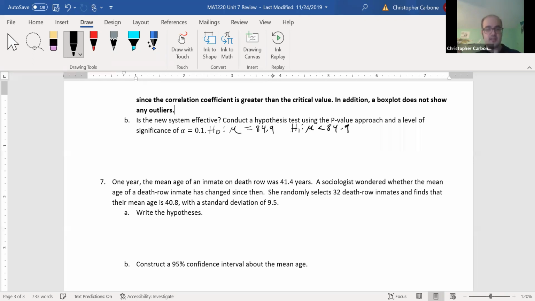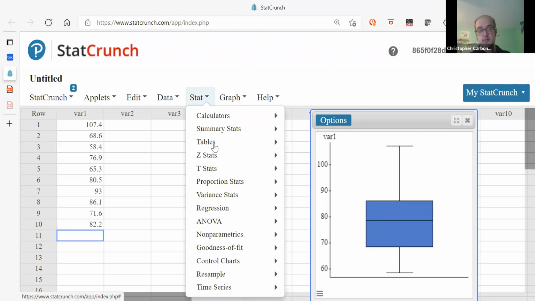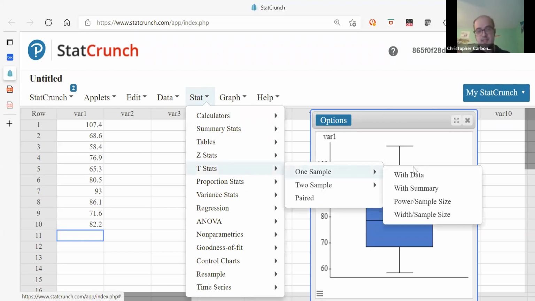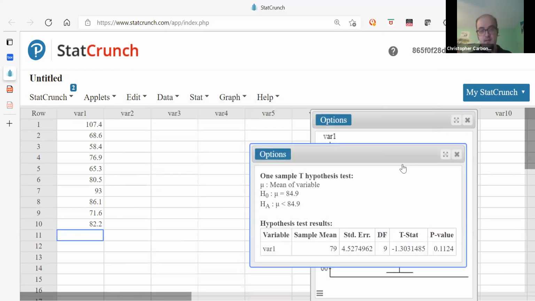So opening back up StatCrunch, we are going to go to Stat, T Stats, One Sample, With Data. Choose the one variable. The hypothesis statements involve 84.9, and this is a less than symbol. Here's our test.